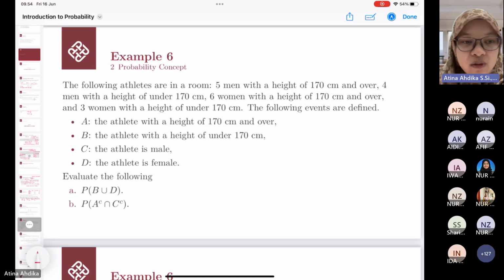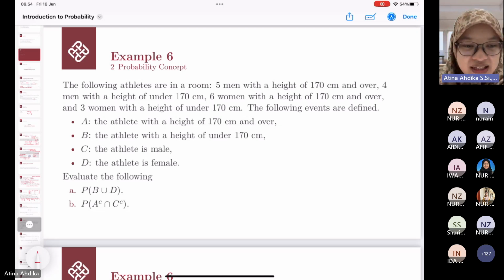Suppose that we have 4 events A, B, C, and D. A represents the athlete with a height of 170 centimeters and over, B represents the athlete with a height of under 170 centimeters, C represents the athlete is male, and D represents the athlete is female.